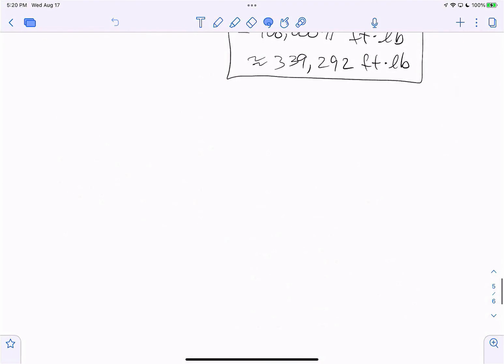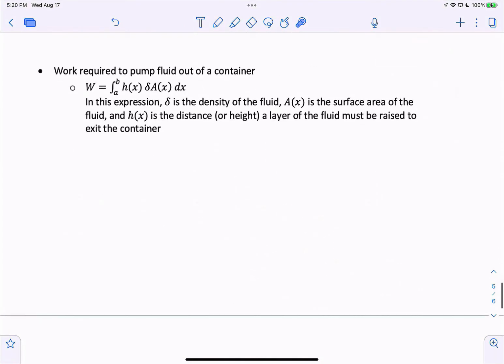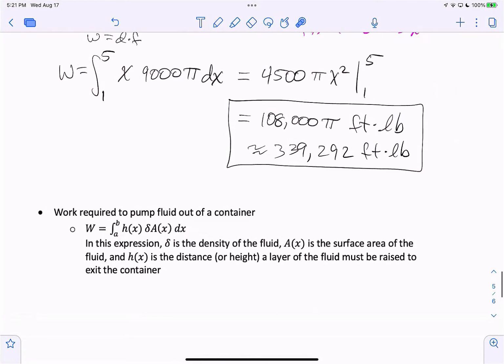This generalizes to become that the work required to pump water, or fluid, out of a container is W equal to an integral from A to B of h of x times delta A of x dx, where delta is the density of the fluid, A of x is the surface area of the fluid, and h of x is the distance or height that a layer of the fluid has to be raised in order to exit the container.